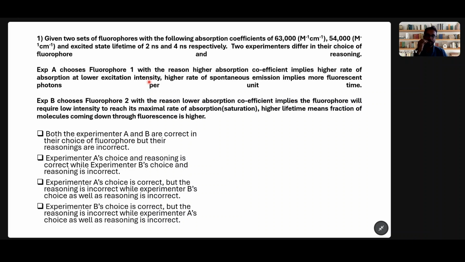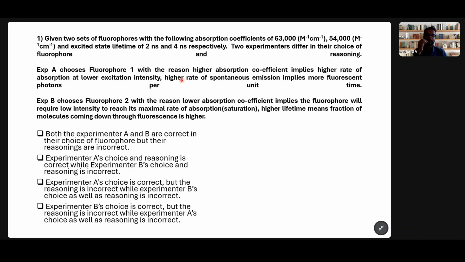It also means a higher rate of spontaneous emission, so more fluorescent photons per unit time, which is why you're getting the low excited state lifetime. So this is completely true.